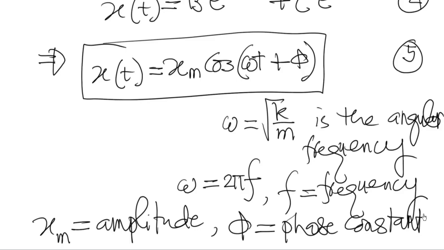If we differentiate equation 5 with respect to time t, then we'll get the velocity.